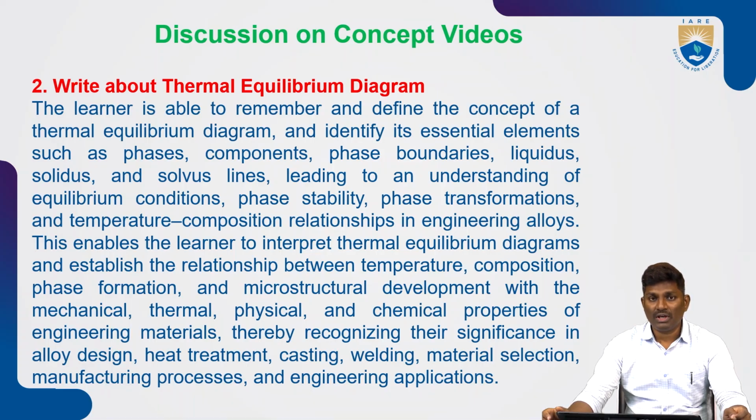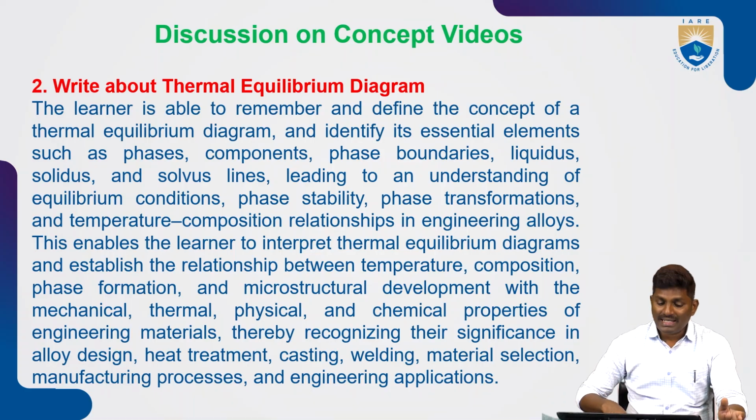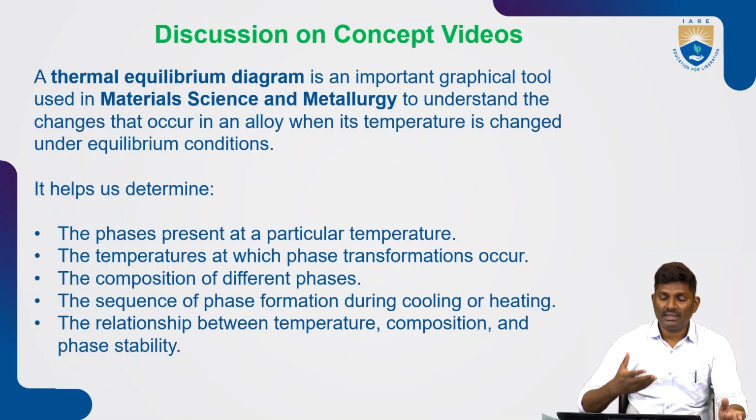So this will help develop or improve the mechanical, physical and chemical properties of the material, and also by recognizing the significance in alloying design, heat treatment, casting, welding, metal science, metal selection, manufacturing process and engineering applications. So these are the things you can establish once the learner tries to understand the concept.